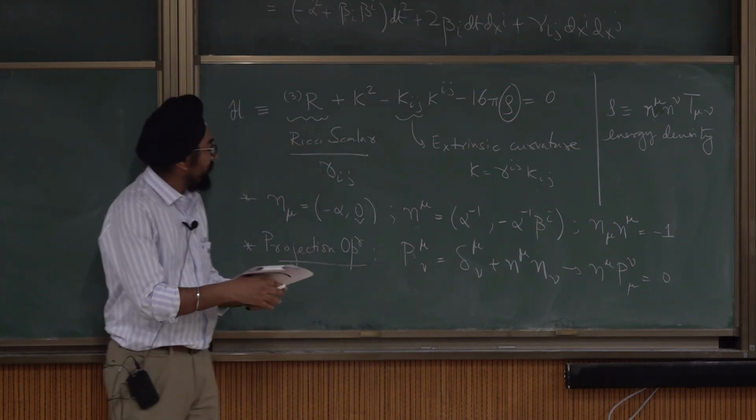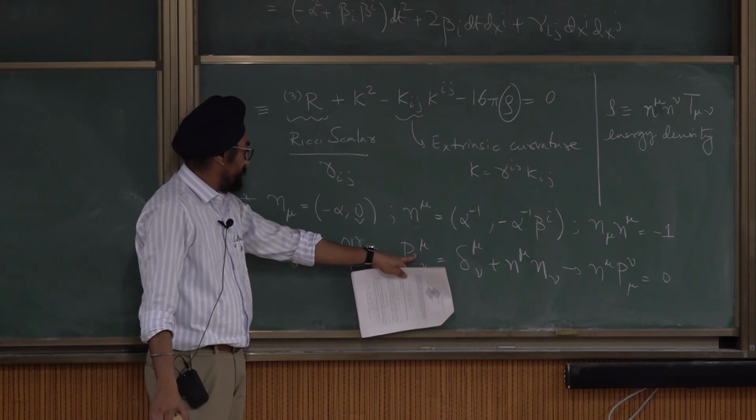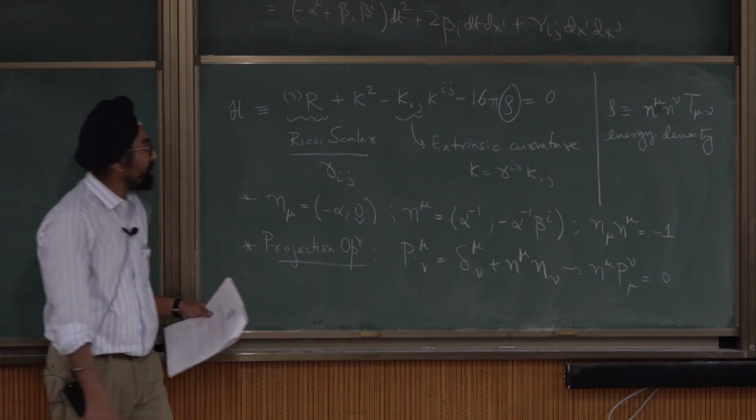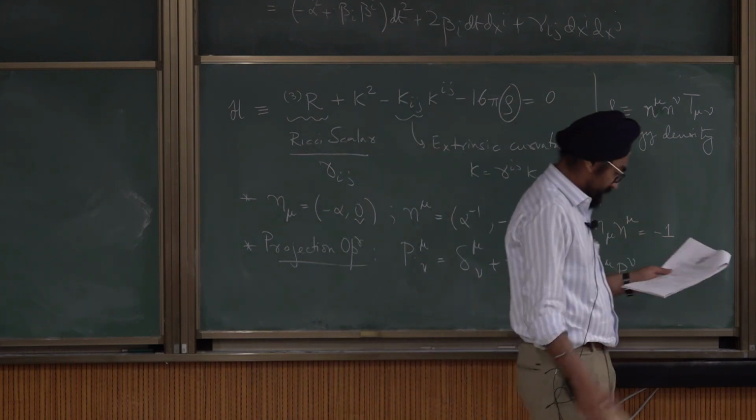So if you take any tensor and dot it with the projection operator, it will project it onto Σ, the space-like surface.